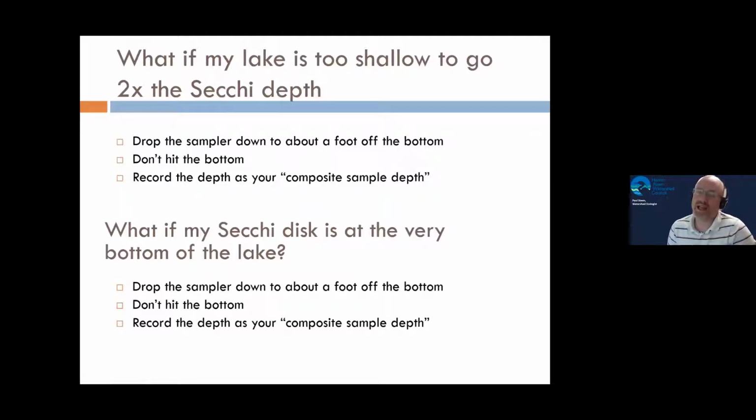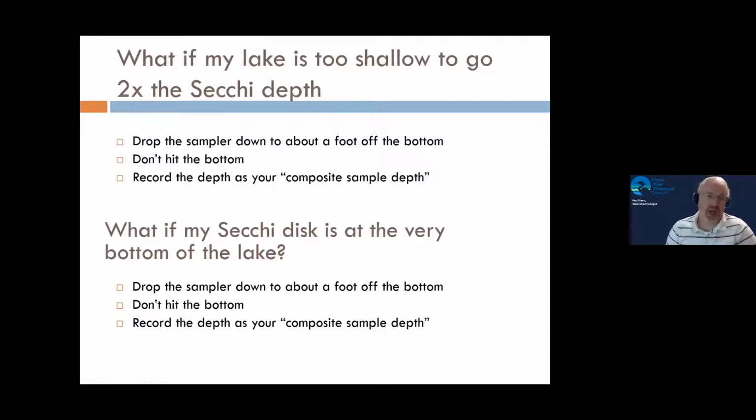There's a couple of questions that often come up here. What if my lake isn't deep enough to go twice the Secchi depth? That's okay. You just go as far down to the bottom as you can without hitting the bottom. You never want to hit the bottom with your equipment. So you want to know what that depth is prior to lowering things down, because you don't want a plume of sediment coming up if you hit the bottom with your equipment.